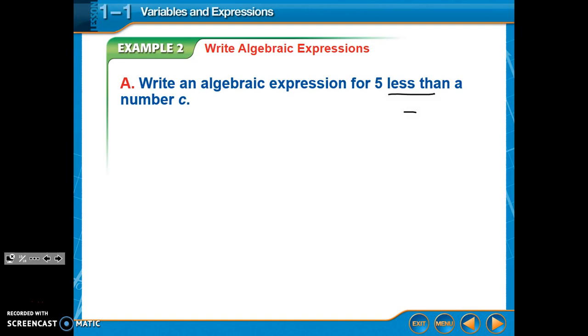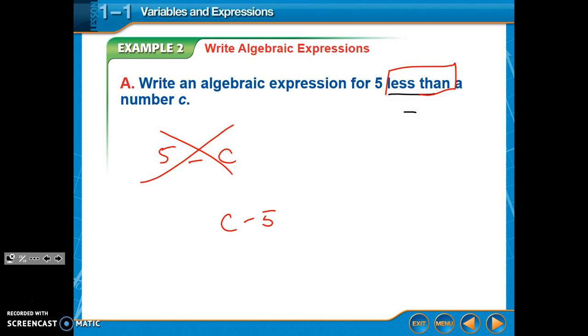But if I'm looking at this, my initial thought might be just do 5 minus c. But this is not right. This is wrong. When you have a less than, it almost always switches the order. It's going to be c minus 5 because it's 5 less than c.